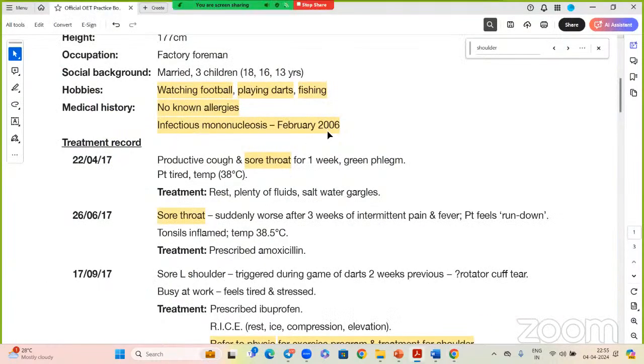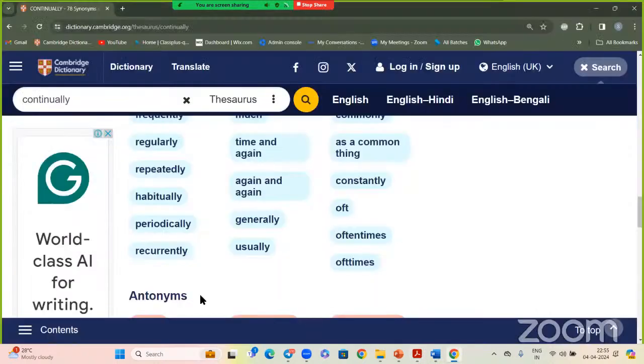Infectious mononucleosis in February 2006.